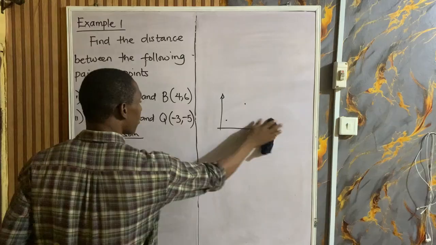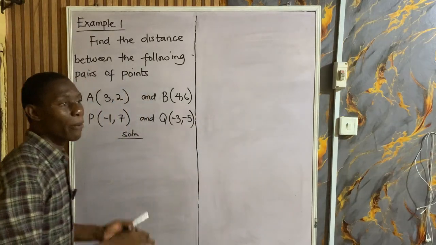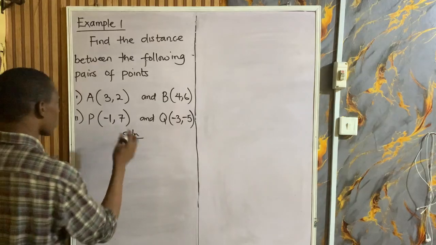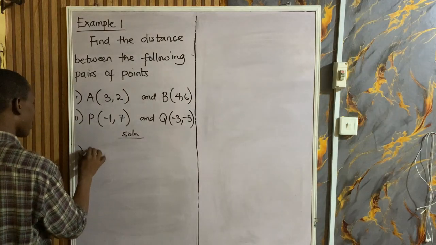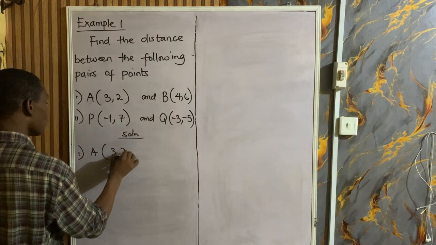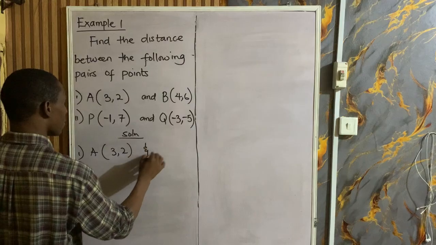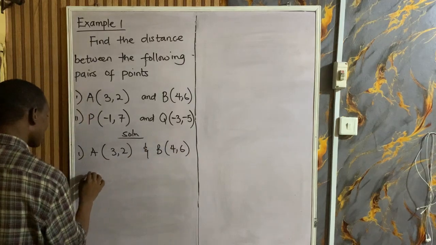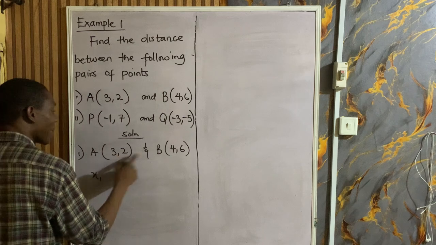I was just trying to come back to the definition because I said while we derive, I will explain what the definition was trying to say. So look at here now. I have number 1, A, which is (3, 2), and B, which is (4, 6). Take note of x1, y1, x2, y2.